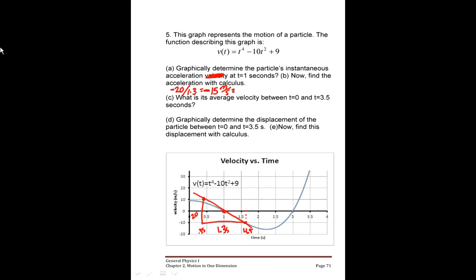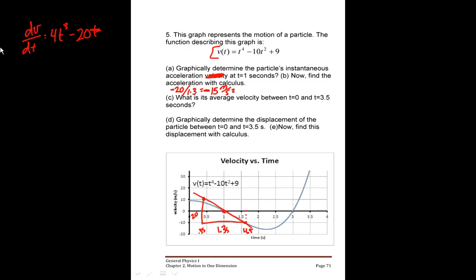Now for part B, I want to know the acceleration with calculus. All right, slope is derivative. So to find the acceleration, I just take the derivative of the velocity function. That is dv dt. Taking the derivative of this function, that's going to be 4t cubed minus 20t.